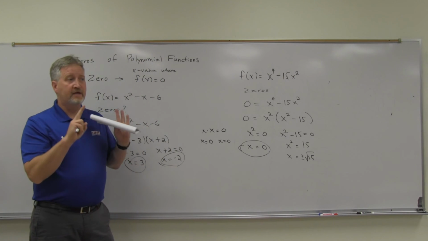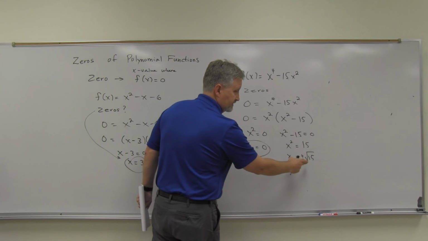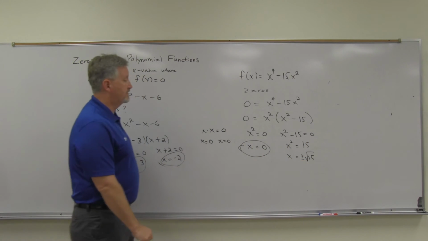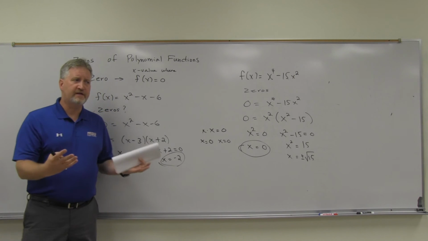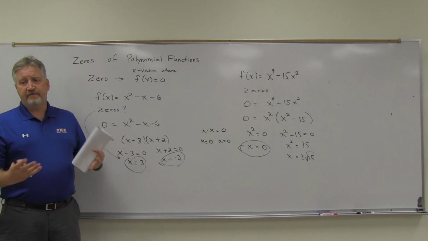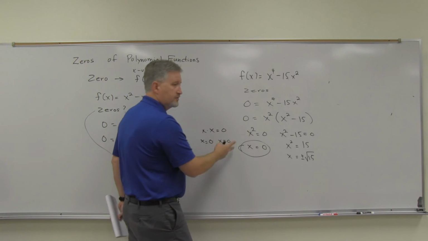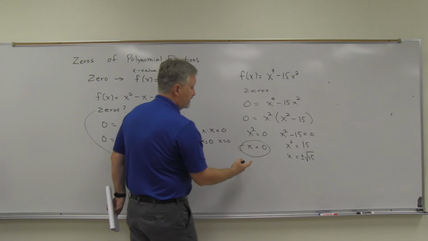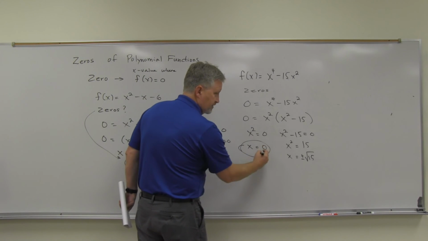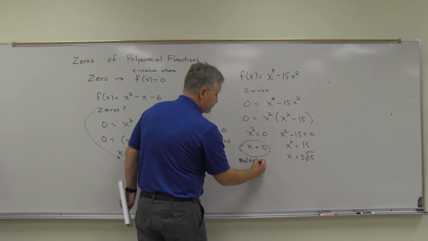So this 0 is a little different than these zeros because it occurs twice. That's called a multiplicity. Here, because it occurs twice, you've got x squared equals 0, so it's going to occur twice. This one has a multiplicity of 2.